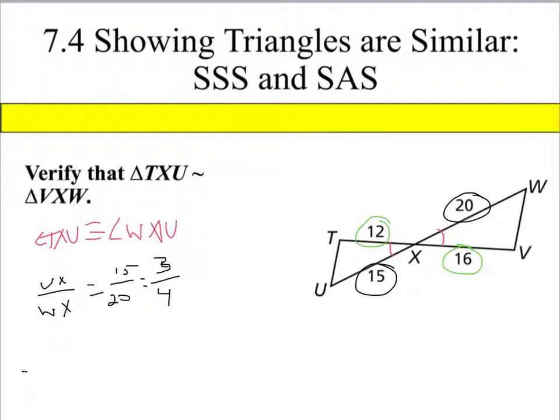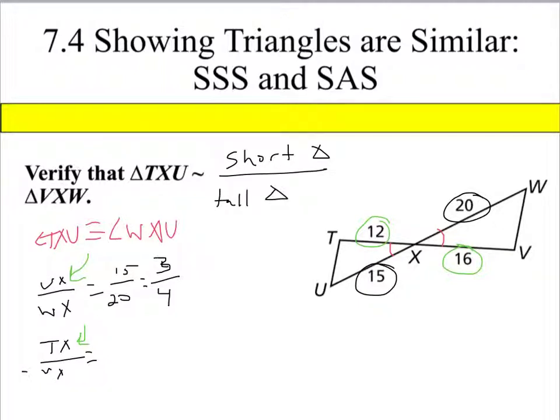If you look at this, we need to put TX on top. The reason is we used the smaller triangle on top in the first ratio, which means we have to do the exact same thing on the second ratio. Notice I put short triangle over tall triangle.